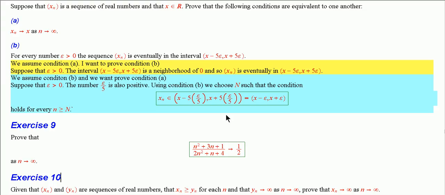Yes, sir? In the first proof, is it not supposed to be a neighborhood of x instead of a neighborhood of 0? Well, where did I... Do you mean I've still got a 0 left in this? I thought I removed it. The last yellow line, of x. I thought I'd killed all of those.